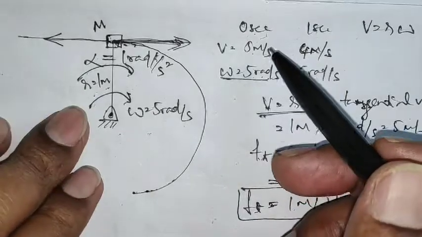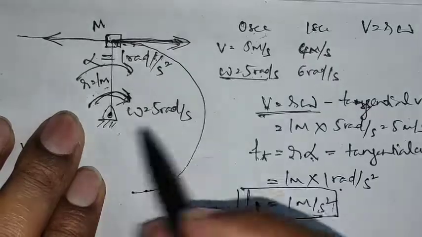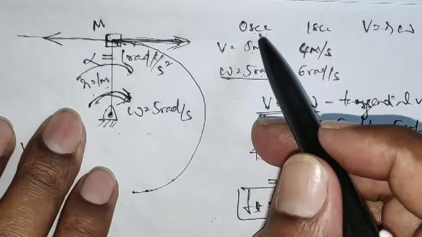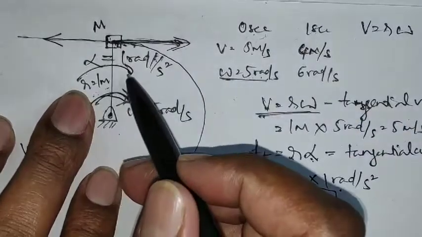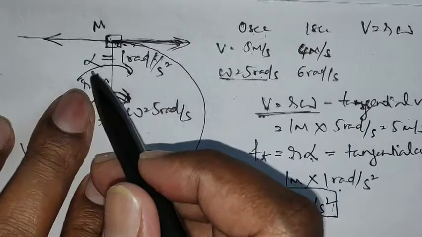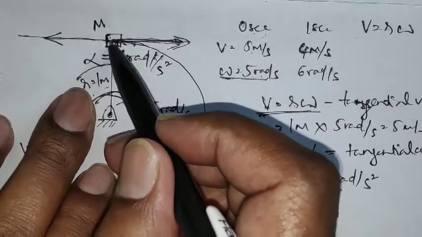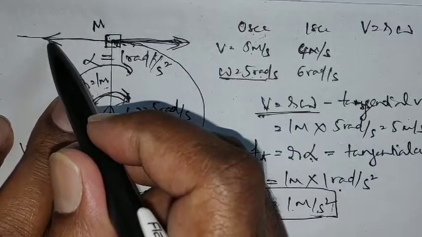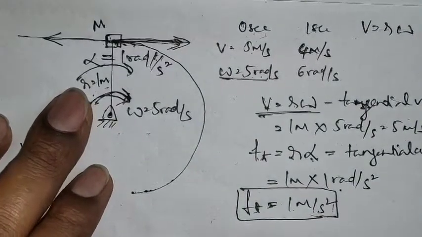This has to be remembered even when the link is rotating in the clockwise direction: if the acceleration is decreasing, then the tangential acceleration vector will be in the opposite direction.